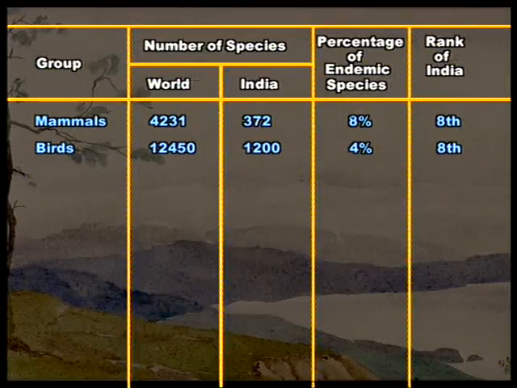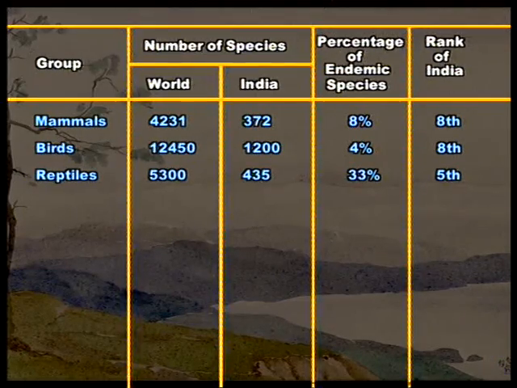There are 12,450 bird species in the world. India has 1,200 bird species. The percentage of endemic species found in India is 4. India holds the 8th position.